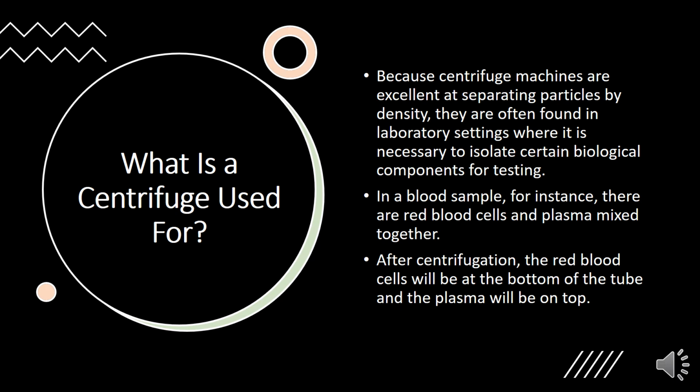After centrifugation, the red blood cells will be at the bottom of the tube and the plasma will be on top. Centrifuges are necessary for research on particular components, such as separating out blood plasma for testing, isolating DNA, and even separating out urine sediment.